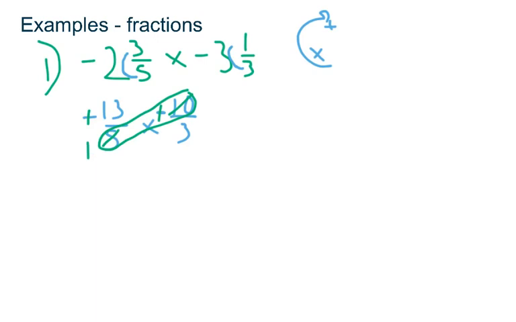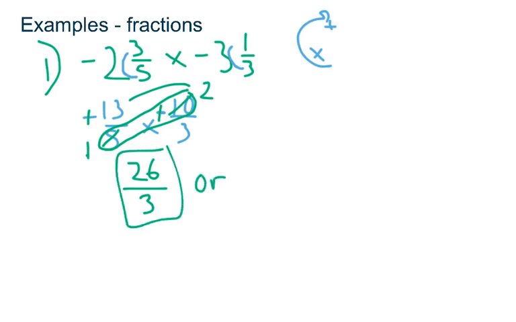I can take a 5 out and get 5 and 2. And so that leaves me with 13 times 2 for 26 over 1 times 3, which is 3. So if I wanted to, I could leave it as is, or I could go 8 2/3. And again, it's positive because we had two negatives being multiplied together.